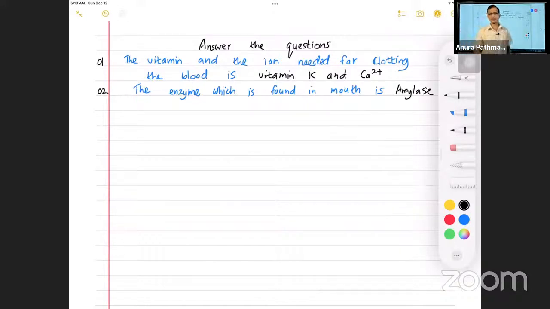Starch is digested and converted into maltose, if you can remember. Then in the small intestine, maltose is converted into glucose by maltase. That's how it goes on.